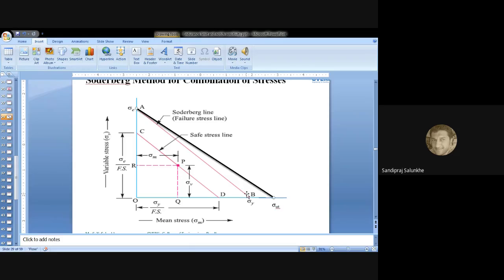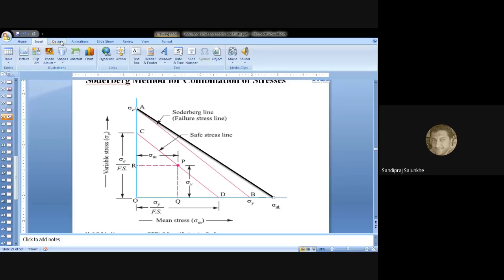Whereas Soderberg has made a slight change in that, and he has considered this ultimate tensile strength, and the region by means of which it has varied. This is the region where, as in our yesterday's question, failure was more. The failure which was occurring in that triangular area has been reduced in the Soderberg diagram, because here you can say this is the Soderberg line, okay, and this is the Goodman line.